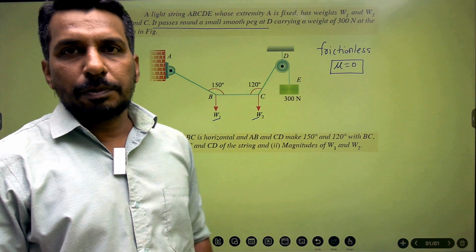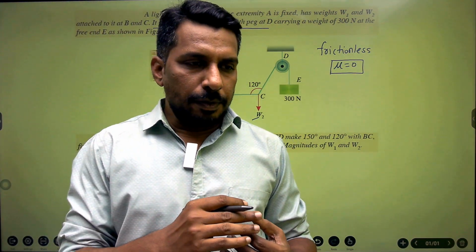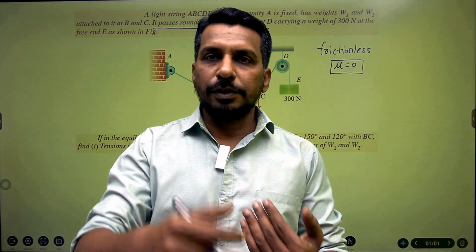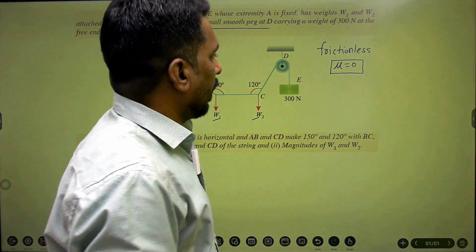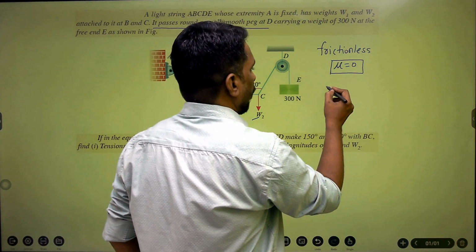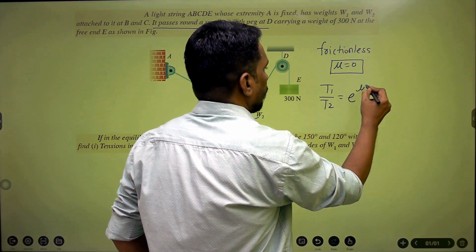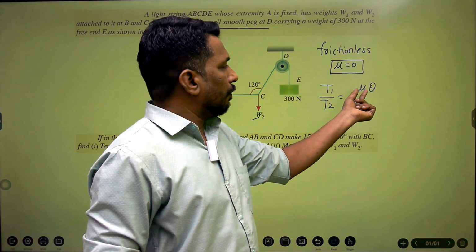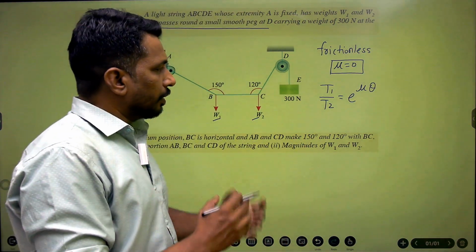Because when you solve a problem based on belt friction, where the belt is passed over the pulley or the cable is passed over the pulley, at that time we have to use this formula: T1 upon T2 is equal to e raised to mu theta. So mu stands for the coefficient of friction between that cable and the pulley contact surface.